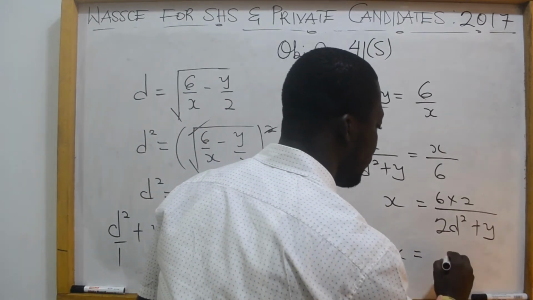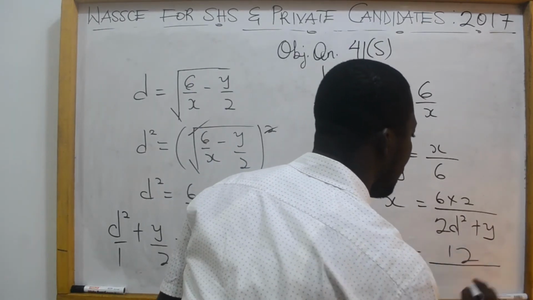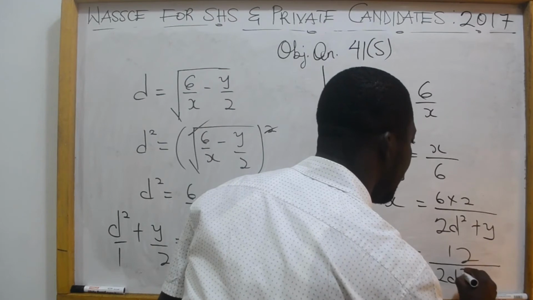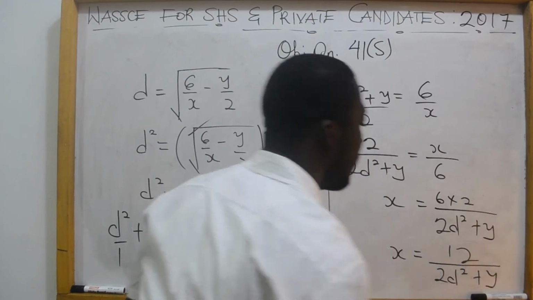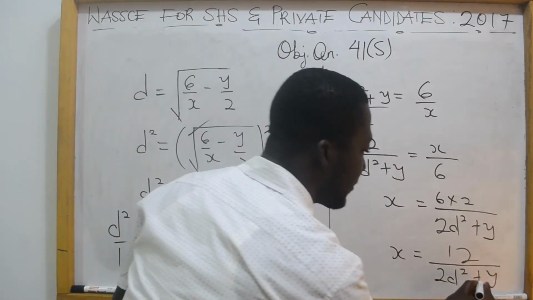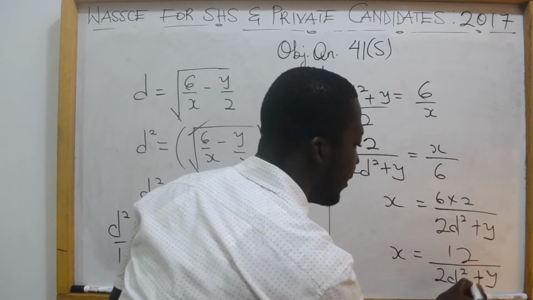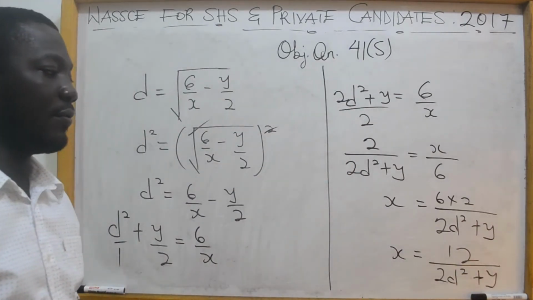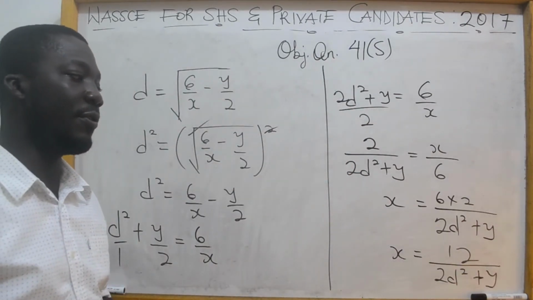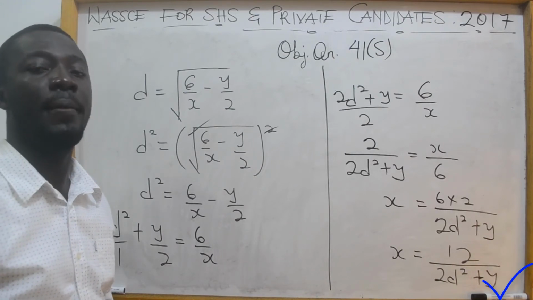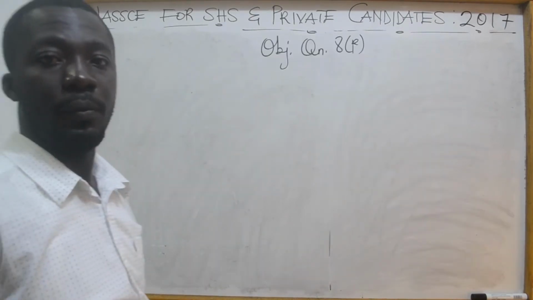Therefore, x is equal to 12 over 2d squared plus y. So that's the value for x. X is equal to 12 over 2d squared plus y.